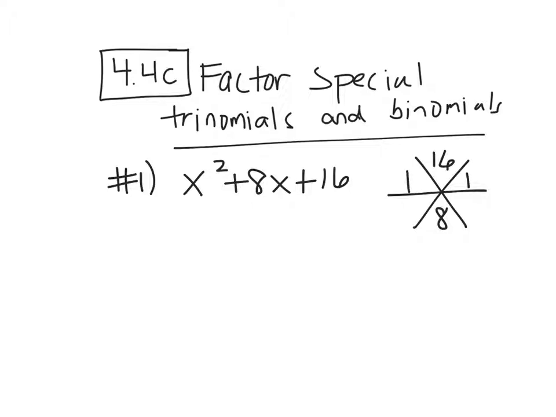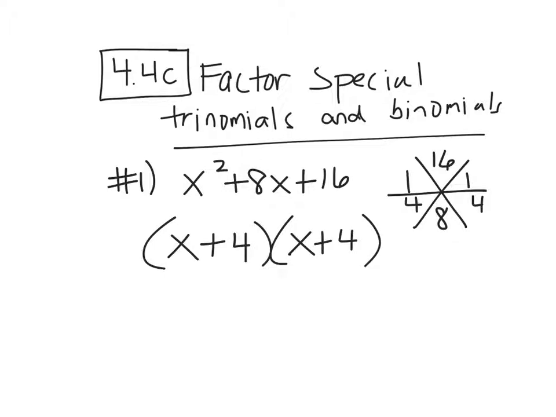And then we get what times what 16 adds up to 8? Do you know? 4 and 4. What happens is you get the exact same thing. X plus 4, x plus 4. Two factors that are exactly the same, which can then be written as, if you multiply two of the same things next to each other, it's just that whole thing squared.